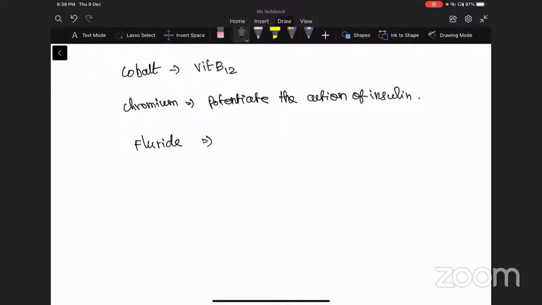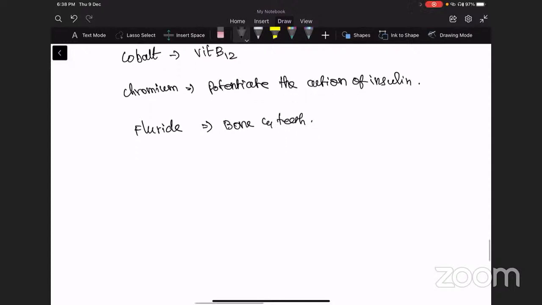Fluoride is present in bone and teeth. Iodine is important for thyroid hormone synthesis.